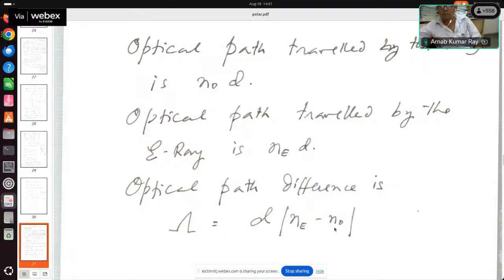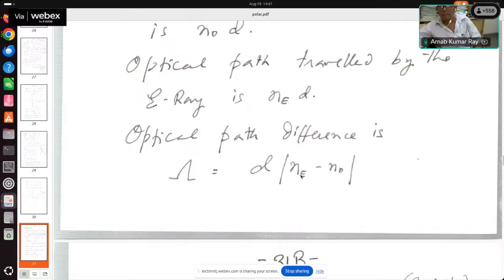I have taken the absolute value because actually N_e is less than N_o in the case of calcite material, because it's a negative crystal, and E rays travel with greater speed. Therefore, the refractive index of the E ray will be less than the refractive index of the O ray. So I've just taken the absolute difference between the two rays, and this is the optical path difference, capital lambda.